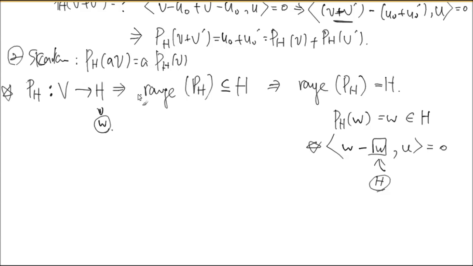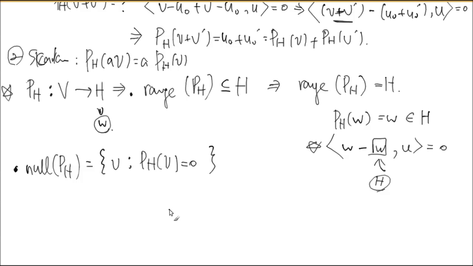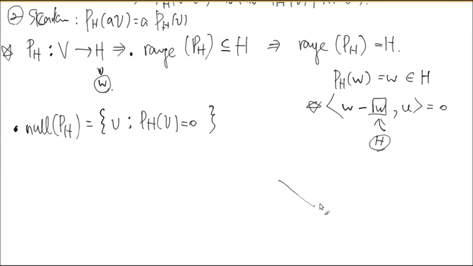Everything in there. So how about the next thing that is attached to here? What is the null space of P_H? Well, in this case, it is all the V's such that P_H V is the 0 vector, right? Its projection is going to the 0. Let me give you a little picture here.